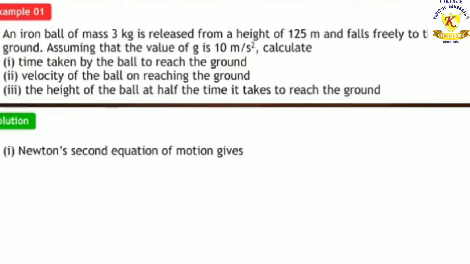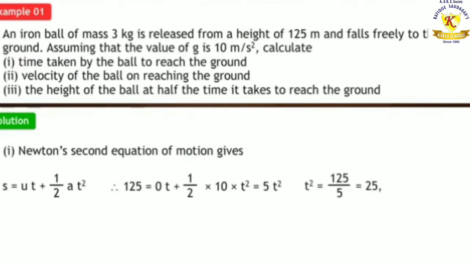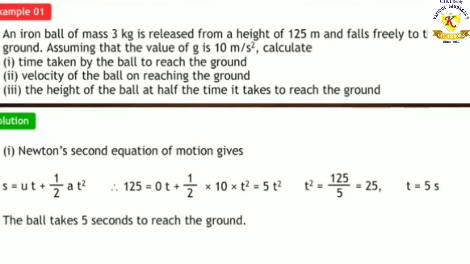Now according to Newton's second equation of motion, s is equal to ut plus 1 upon 2 at square. Therefore, 125 is equal to 0t plus 1 upon 2 into 10 into t square, which is equal to 5t square, where t square is equal to 125 upon 5, which is 25. Therefore, t is equal to 5 seconds.